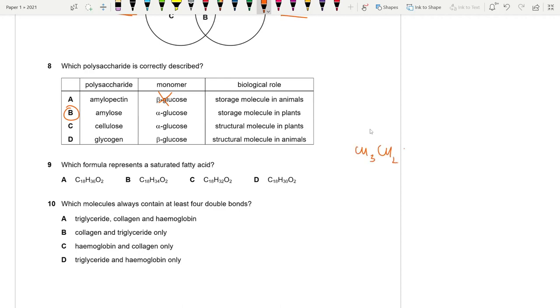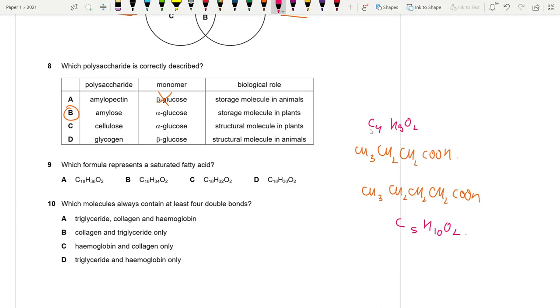CH3, CH2, CH2, COH. CH3, CH2, CH2, CH2, COH. If you look at the molecular formula, what you're going to see is this is actually C4, H8, O2. This is C10, H10, O2. Try to see the trend.